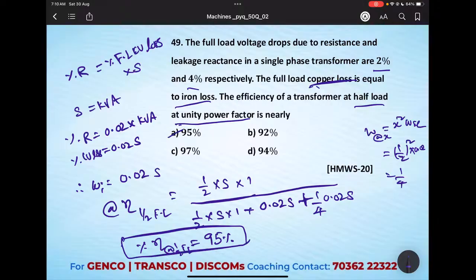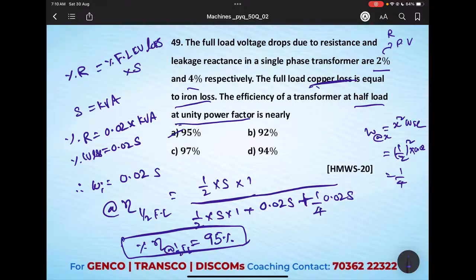So they have given the copper losses indirectly. Sometimes the questions will be like this. The percentage R, or per unit R, is nothing but the full load copper losses. How can we calculate it? It will be the percentage of the rated kVA. So we took the copper losses as they told, the copper losses equal to iron losses.